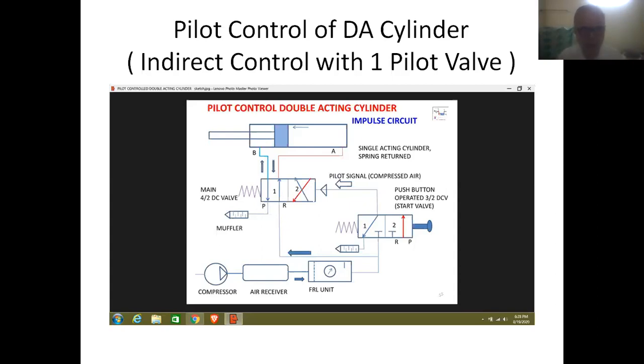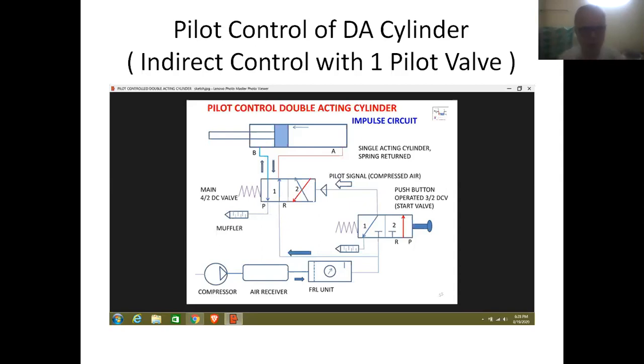So friends, here we can see the arrangement of a four-way valve used for controlling the operation of a double acting cylinder. Now coming to the ports, this DC valve, as shown in the figure, has four ports.